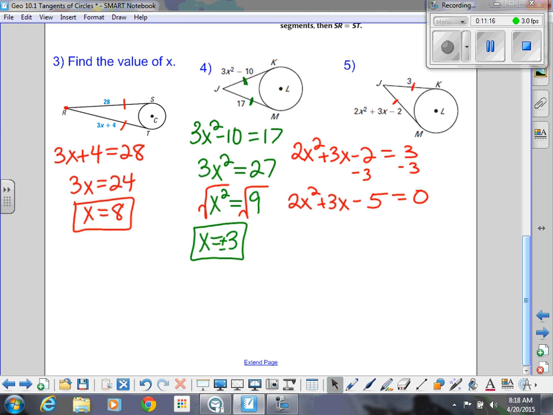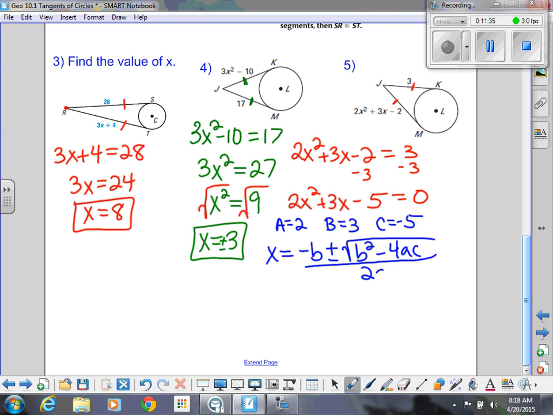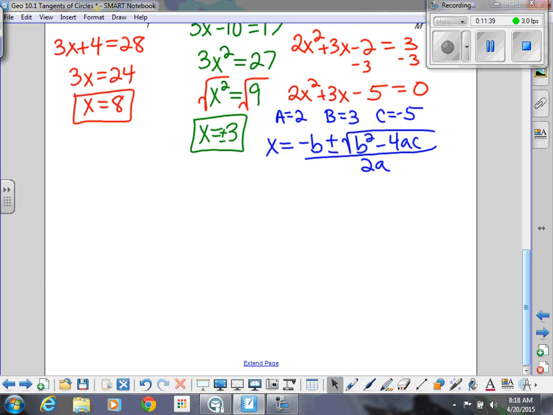Also remember from the quadratic formula, back in Algebra 1, we have a equals 2, b equals 3, and c equals negative 5. And our formula is x equals negative b plus or minus the square root of b squared minus 4ac, all over 2a. So let's plug that in and solve it.